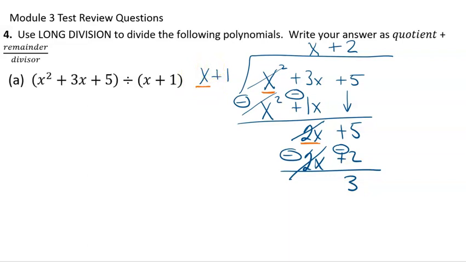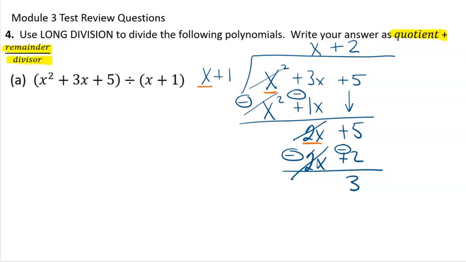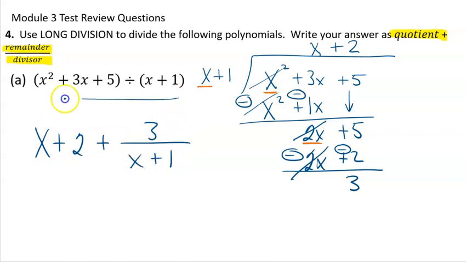Notice next, I ask you to write your answer as quotient plus remainder divided by divisor. So to do that, I'm going to say quotient, which is x plus 2, plus remainder, which is 3, over the divisor, which is x plus 1.